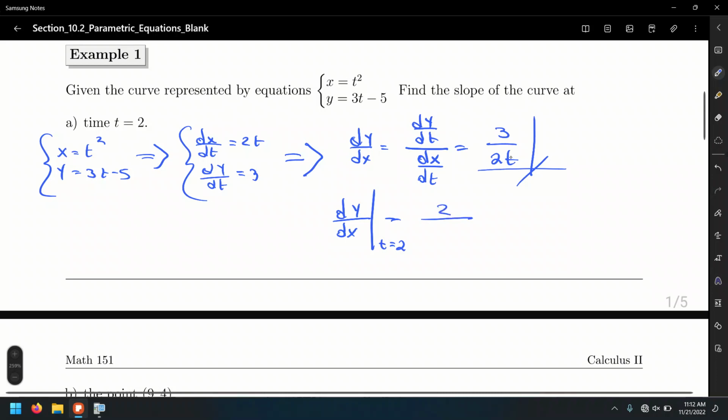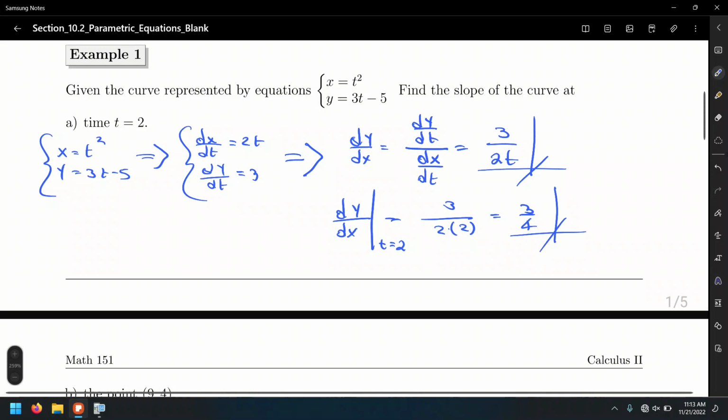All we do is simply substitute the number 2 wherever you see the letter t. That's 3 over 2 times 2, which is 3/4. So 3/4 is the value of the slope at that given time.